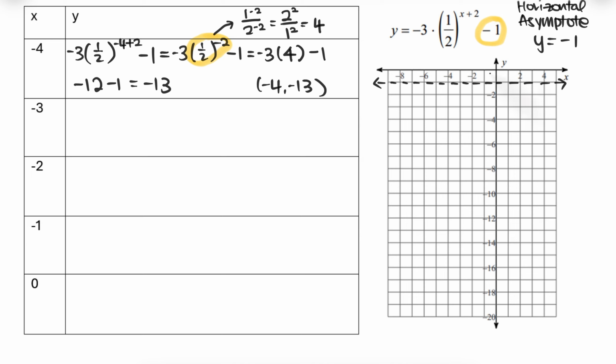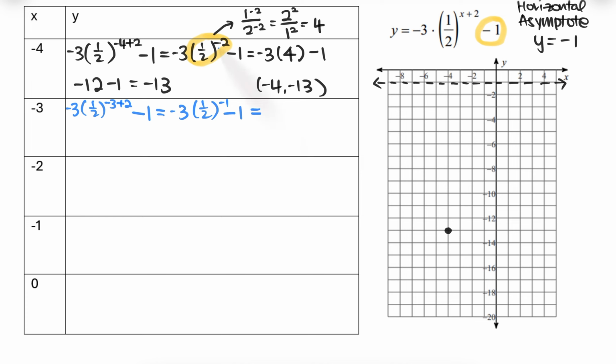Let's graph it. (-4, -13) is all the way here. This will be your first point. Okay, the second point, we have -3. I'm going to substitute the -3 here for the x, and do not forget the -1 at the end. -3 times 1/2 to the -1 power minus 1.